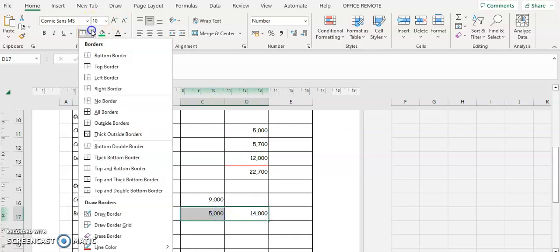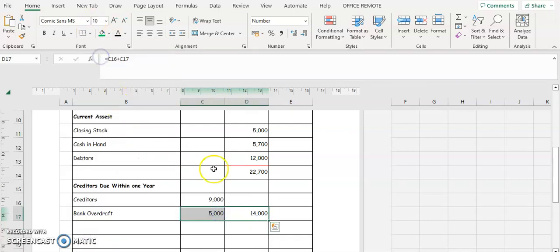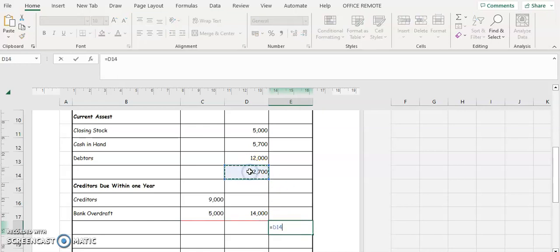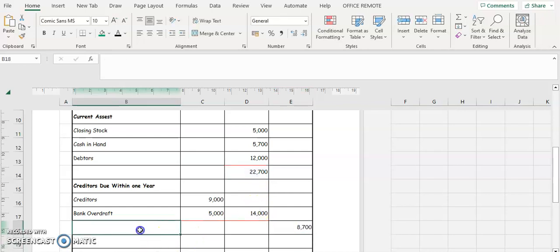And what you're going to do is take the total for your current assets away from your creditors due within 1 year, and that's going to give us your working capital. So 22,700 minus 14,000, that's your working capital.